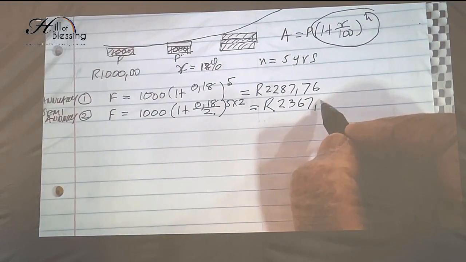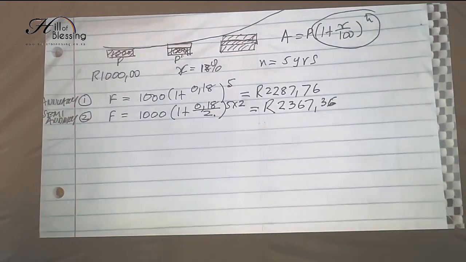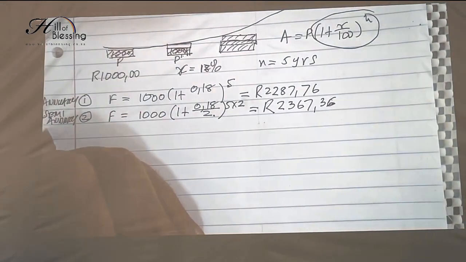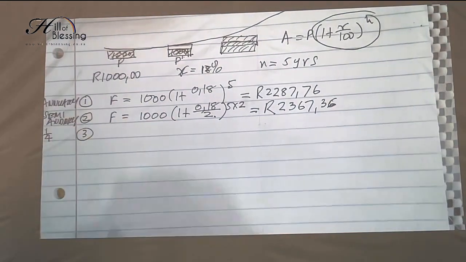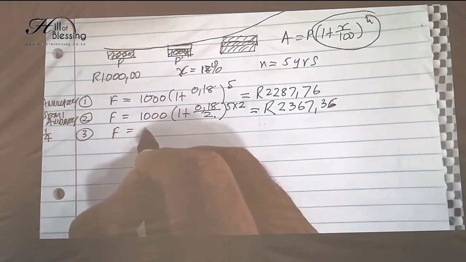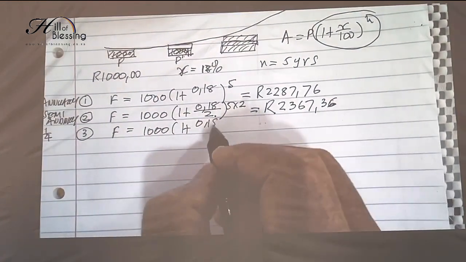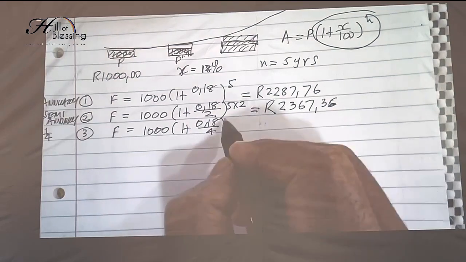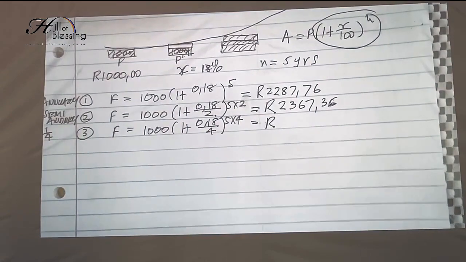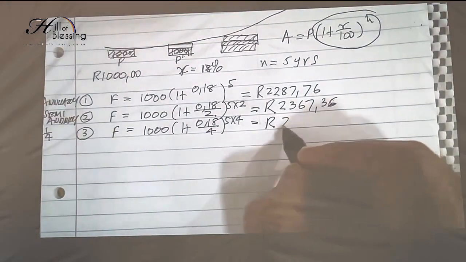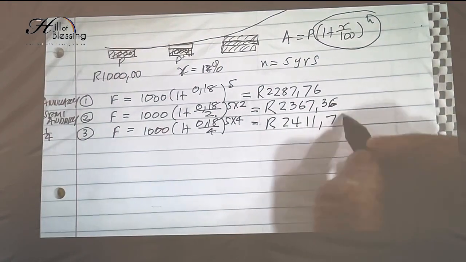2,337.36. Okay? So as you can see, let's assume we have quarterly. If you want to go quarterly, the future value is 1,000 into 1 plus the interest rate 0,18 divided by 4, and this is 5 times 4, and that is equal to, can somebody give me the answer here? 2,411.71.